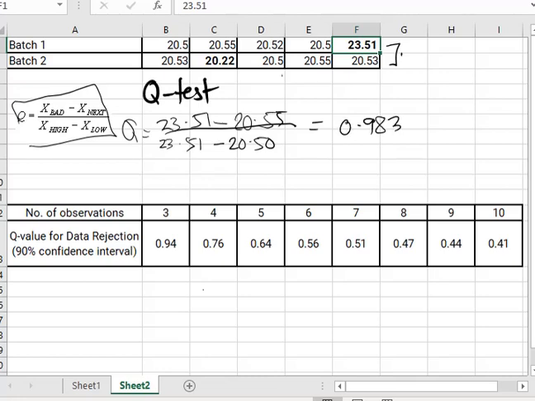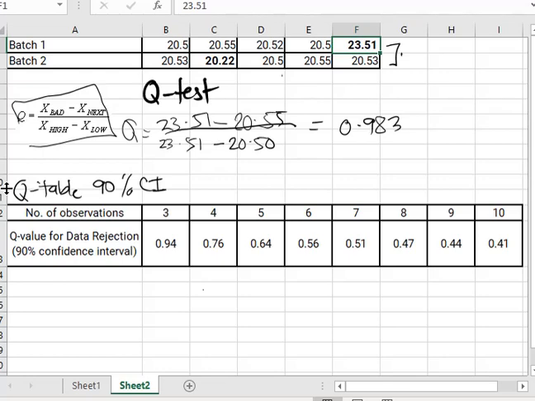Now, in the Q test, you actually have a Q table at different confidence intervals. In this case, this is at 90% confidence interval. These values are located at the appendix, or you can just search this.